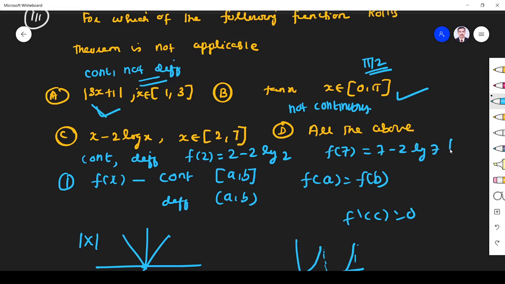That means f of a is not equal to f of b. f of 2 is not equal to f of 7. The third condition fails. So here also Rolle's theorem is not applicable. So what is the total answer? All of the above. So option D is the right answer, because for all the three you cannot apply Rolle's theorem.